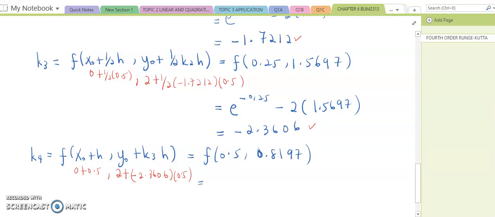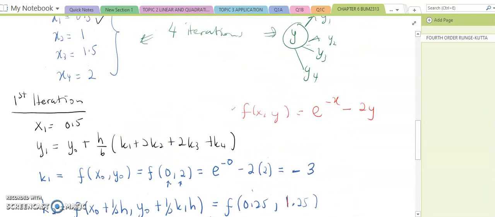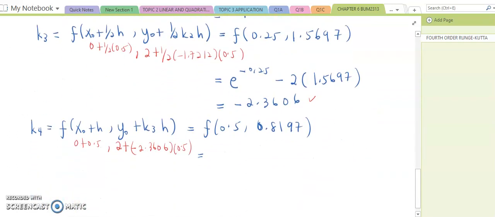So to find the k4 value, you just find f of 0.5, 0.8197. You just substitute 0.5 and 0.8197 into our f of x, y function. So it is exponent of negative 0.5 minus 2 times 0.8197, and the final answer for k4 is negative 1.0329.